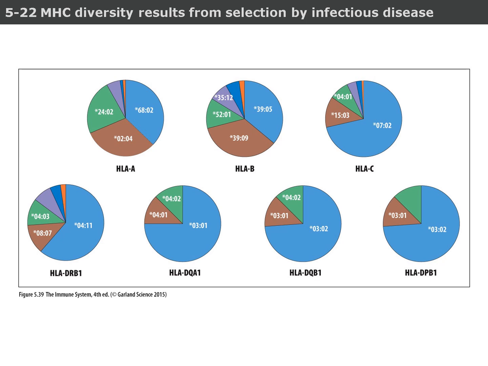Below, the class II molecules are shown, including HLA-DRB1, HLA-DQA1, HLA-DQB1, and HLA-DPB1. For HLA-DRB1, 4:11 is the most frequent allele, while for HLA-DQA1 and DQB1, 3:01 and 3:02 dominate, respectively. A similar pattern appears for HLA-DPB1, with 3:02 being the most common.